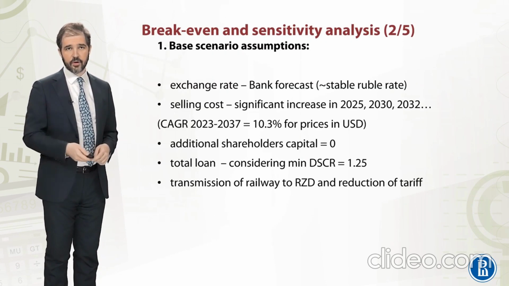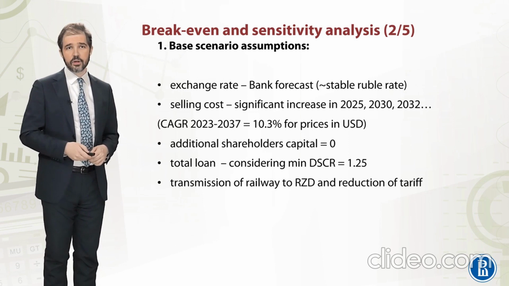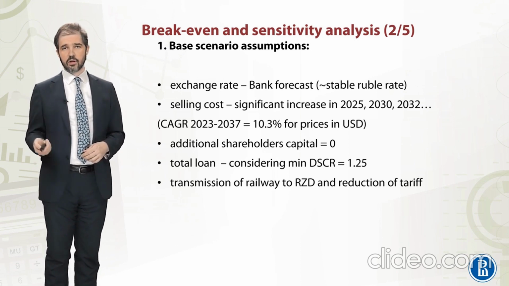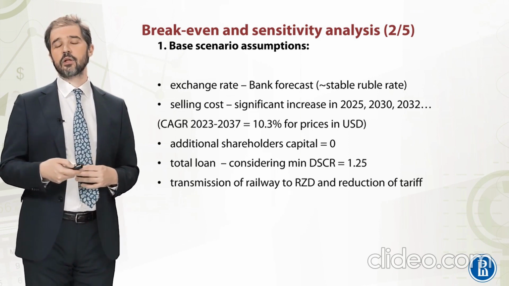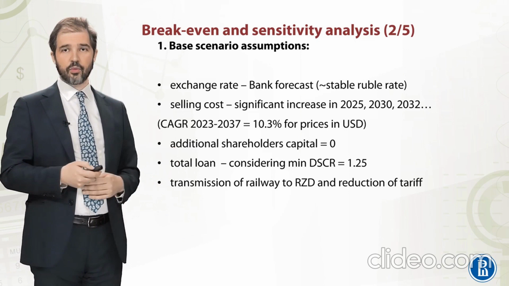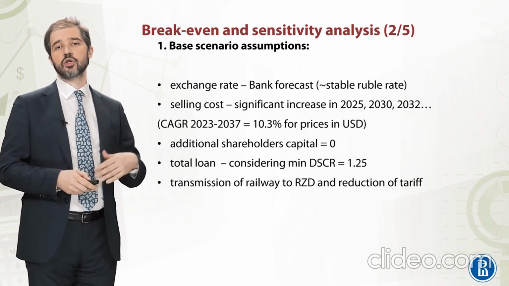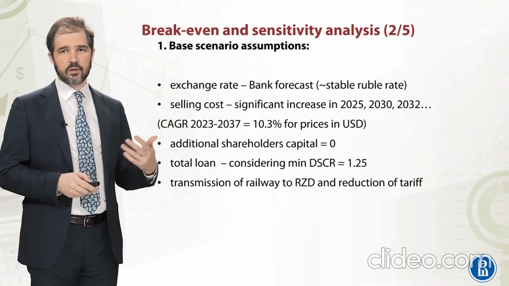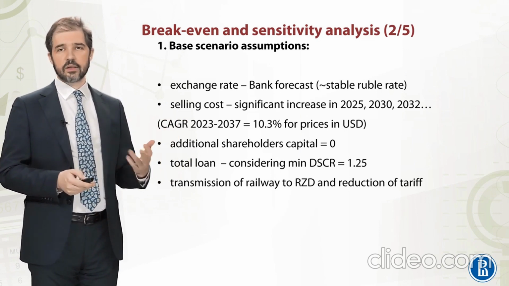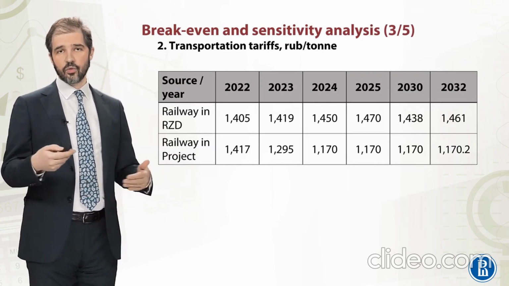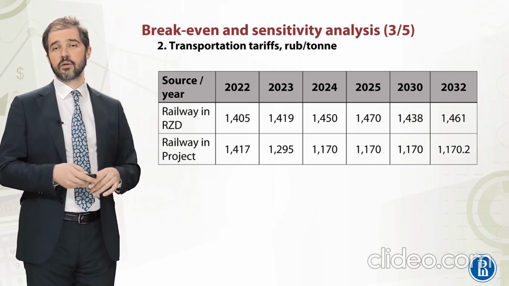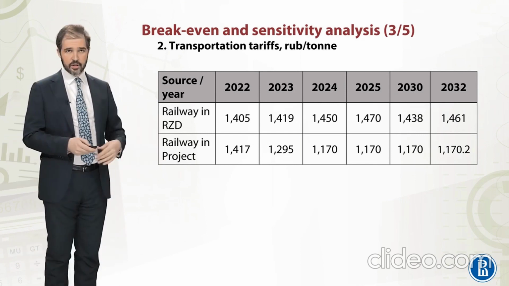Here we have information about base scenario assumptions: exchange rate, selling cost, additional shareholders' capital, whether they need to invest or not, the required debt service coverage ratio, the story about transfer of the railroad, etc. And then, on the same slide, we present different assumptions for different scenarios.